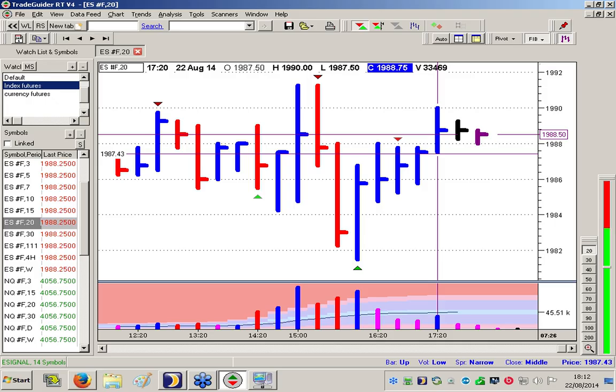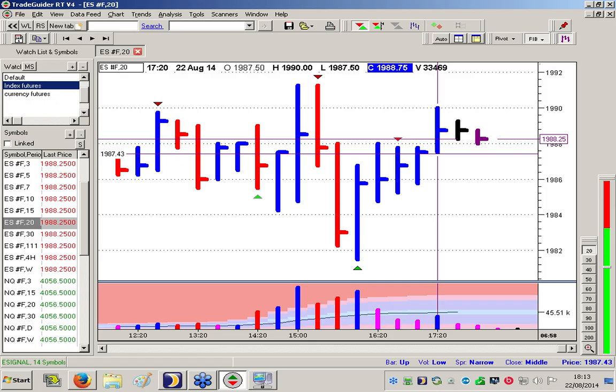Down means that the close is lower than the close of the previous bar. What I've done here is colour it red, so it makes it obvious it's a down bar. The spread will be narrow, it'll probably close in the middle, and the volume will definitely be low. That's a test. If you see that, you're going to get higher prices.